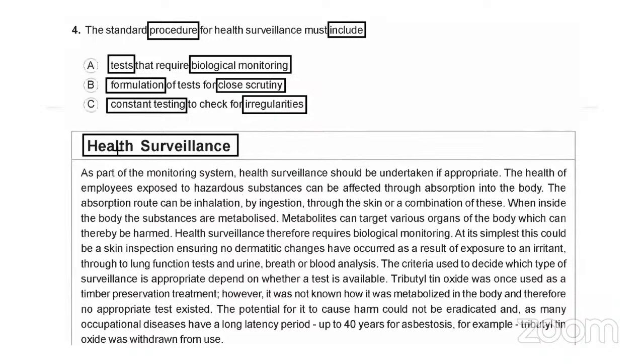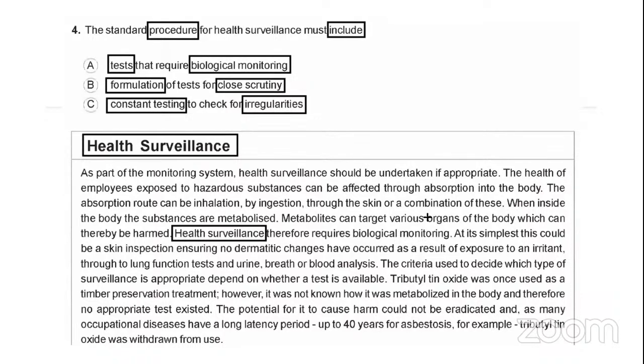Health surveillance. Check this one. This is a little complicated, but still not very difficult. As part of the monitoring system, health surveillance means monitoring only. Surveillance means monitoring or scrutiny. The absorption route can be inhalation, by ingestion, through the skin, or combination.